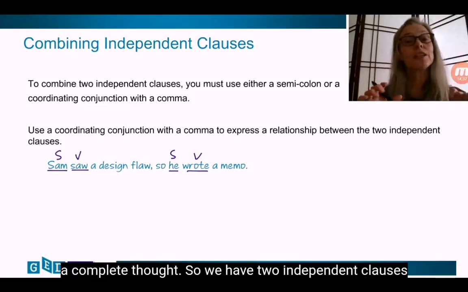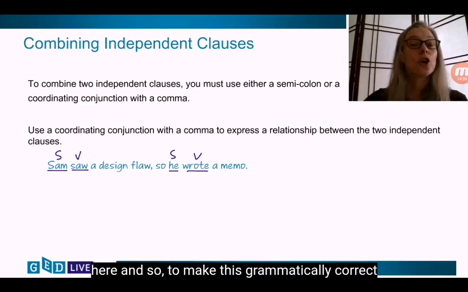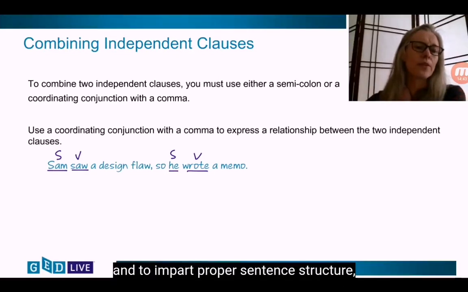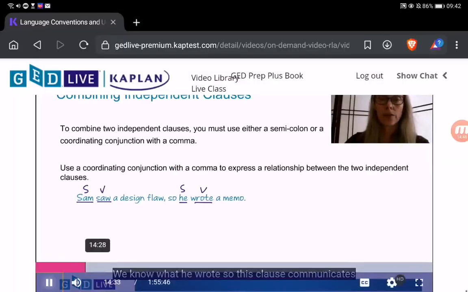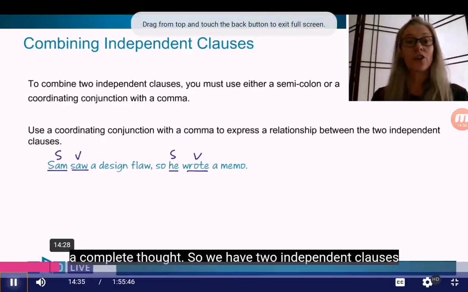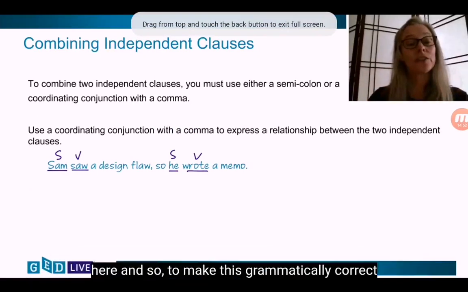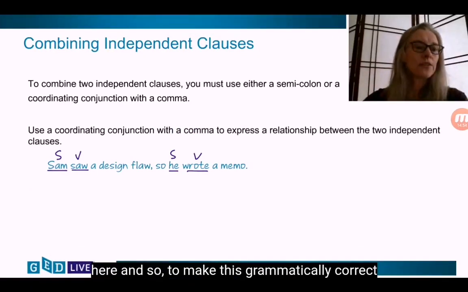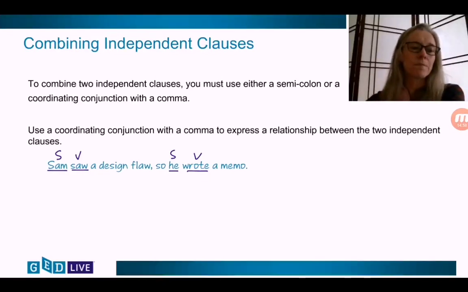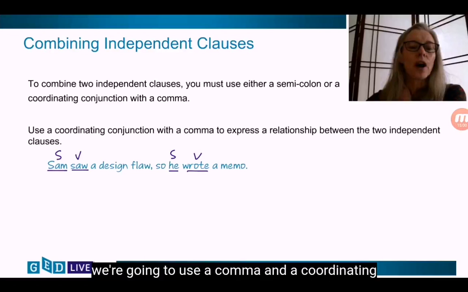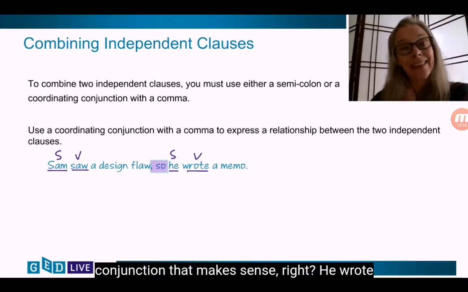So we have two independent clauses here, and to make this grammatically correct, to impart proper sentence structure, we're going to use a comma and a coordinating conjunction that makes sense, right?